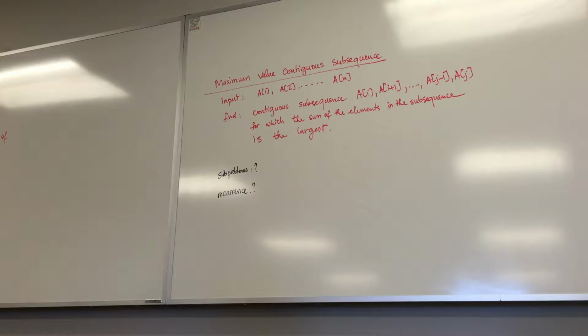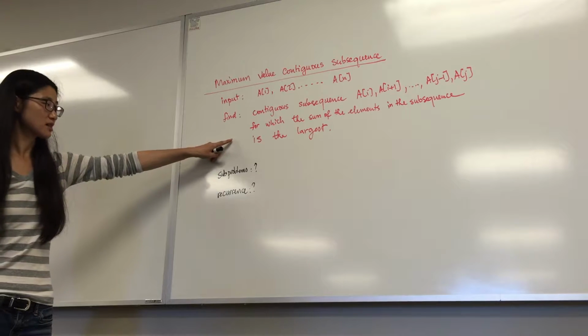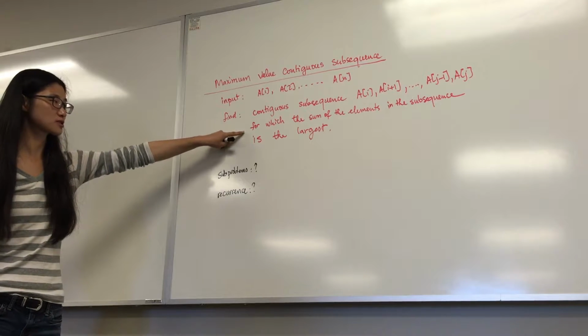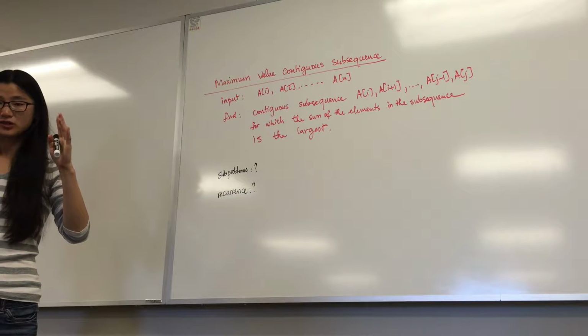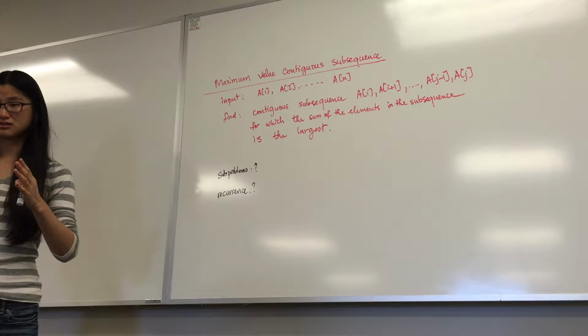But you don't want your subproblems to answer this question, because that's too hard. If you're trying to answer this question on the subarrays, you have to find both the starting point and the end point of it.